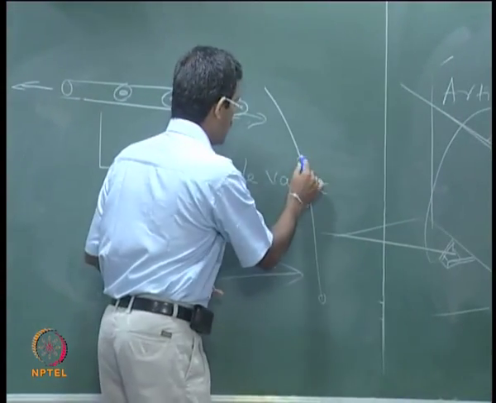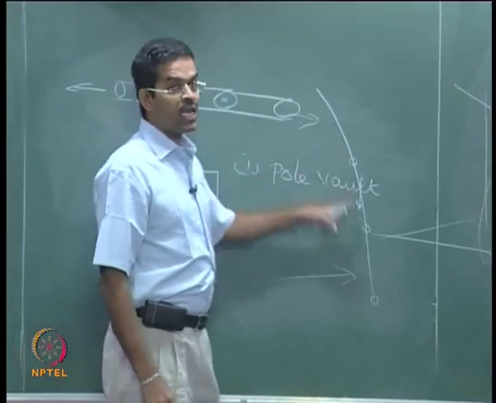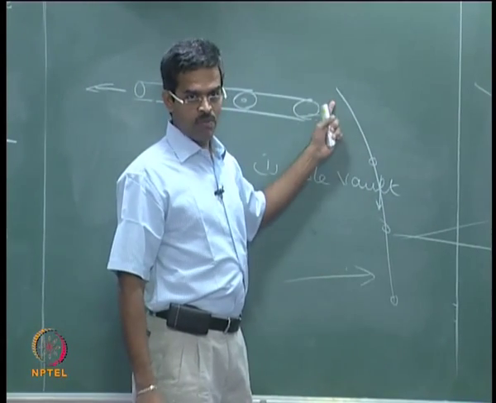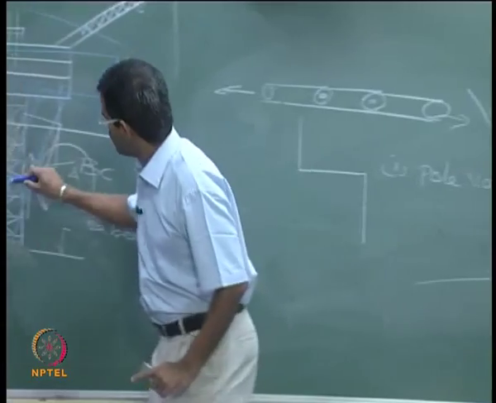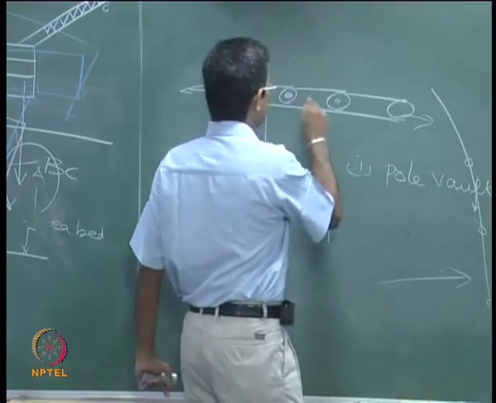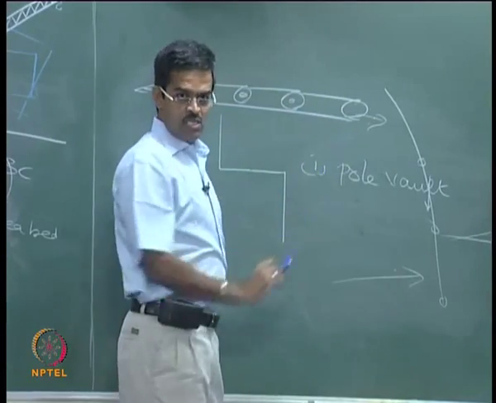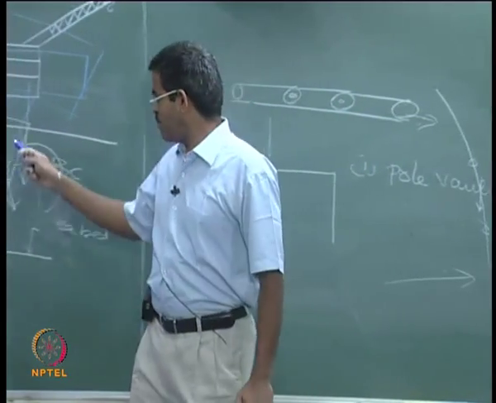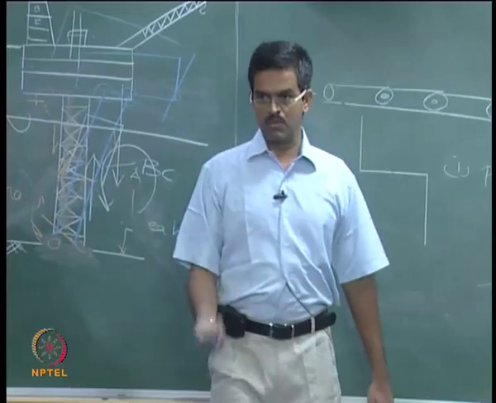If I have a hinge anywhere in between, it will weaken the strength of this member. So, similarly here if you have introduced hinges anywhere in between, it will weaken the strength of the member, but the member will become more and more flexible.